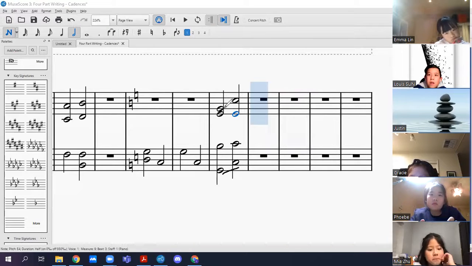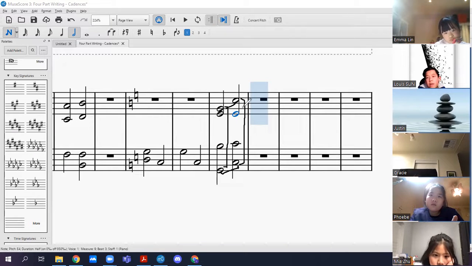It's called consecutive fifths, consecutive octaves. So there's a G to C in the bass, and G to G is an octave, and so is C to C. And since they're in the same voice, moving in the same direction, that is a consecutive octave. And you absolutely cannot do that.